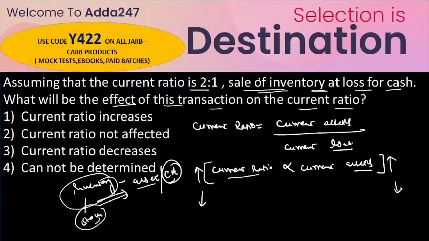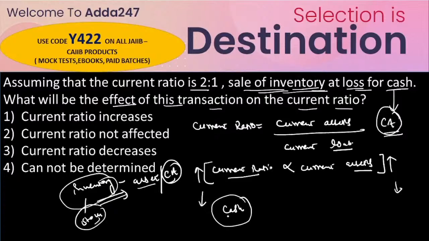So if the inventory is sold at a loss for cash, cash is also a part of our current assets. If a loss happens in the selling of the inventory or stock, that means a deduction for our company's cash.